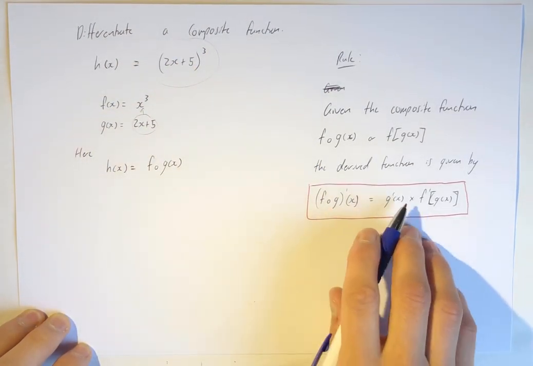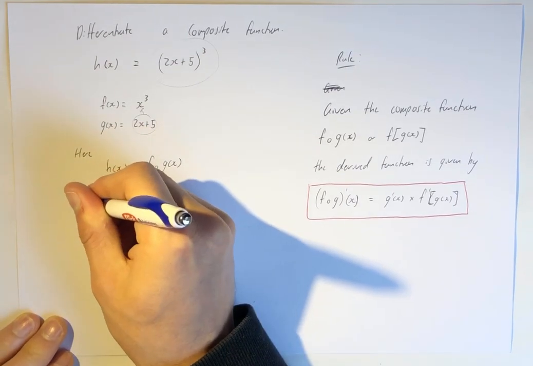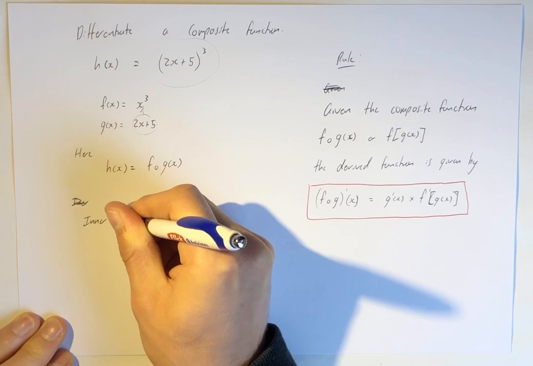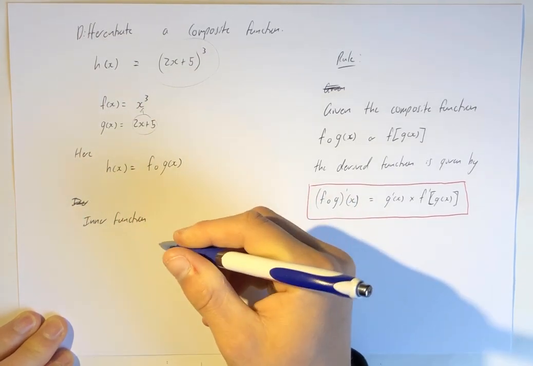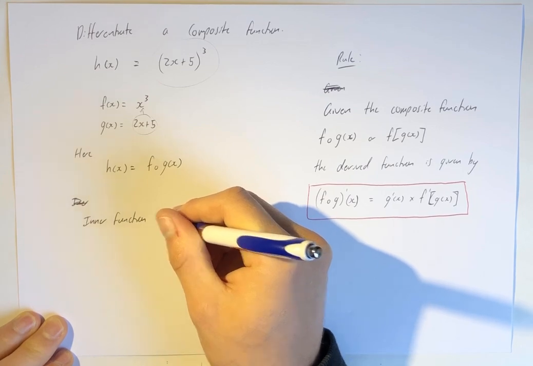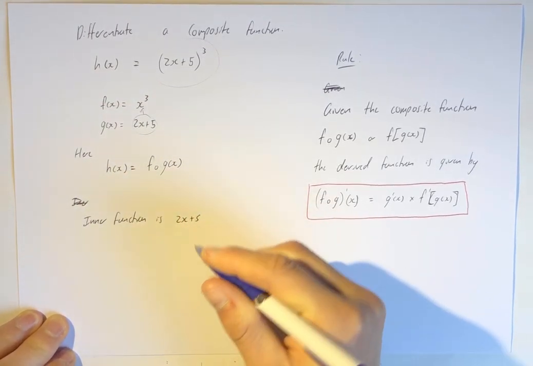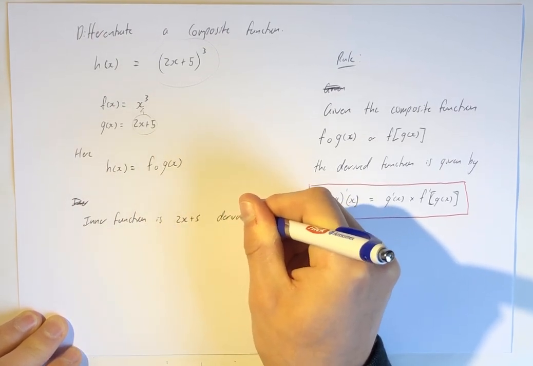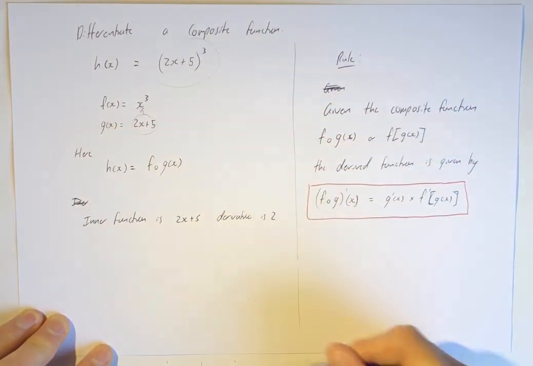And so we can actually use this derivative rule here. So the inner function, that is 2x plus 5, while its derivative is 2.